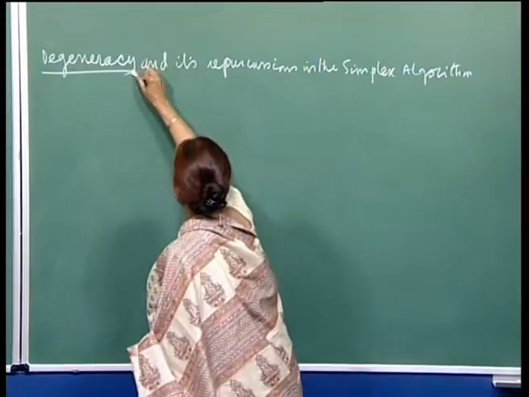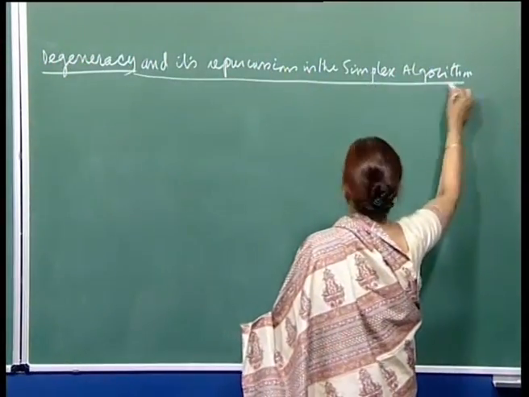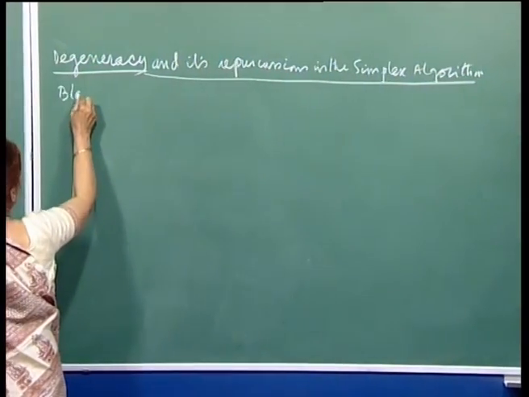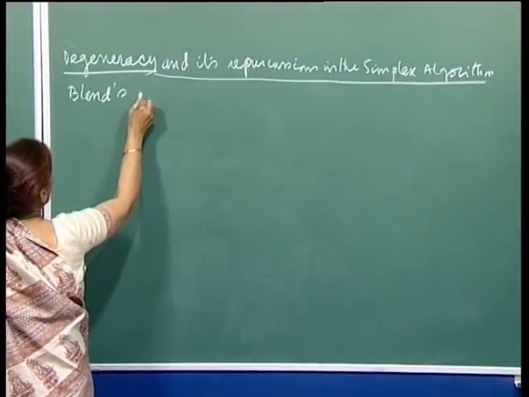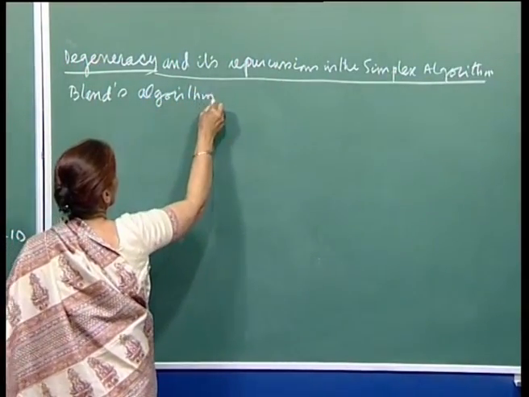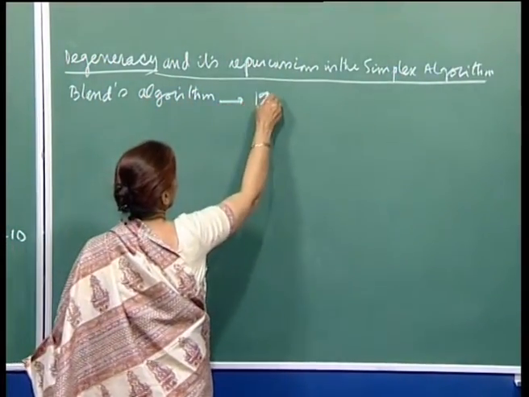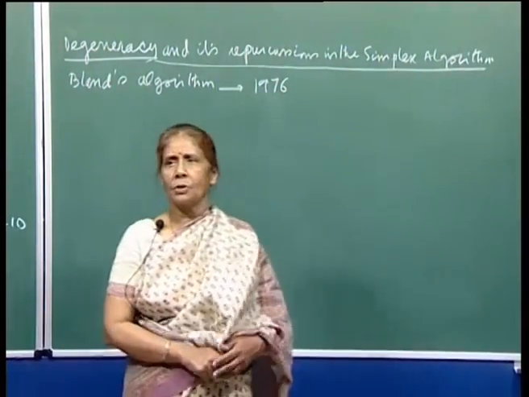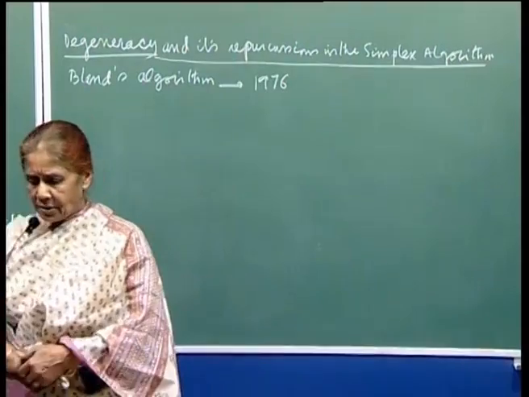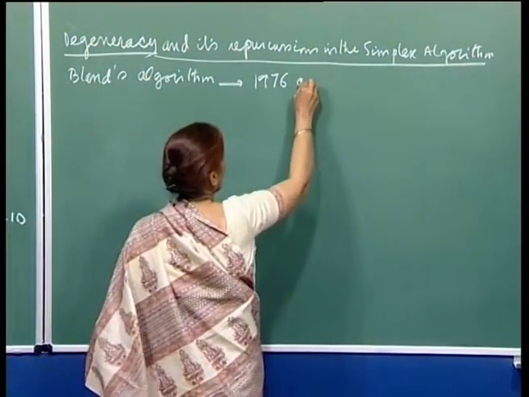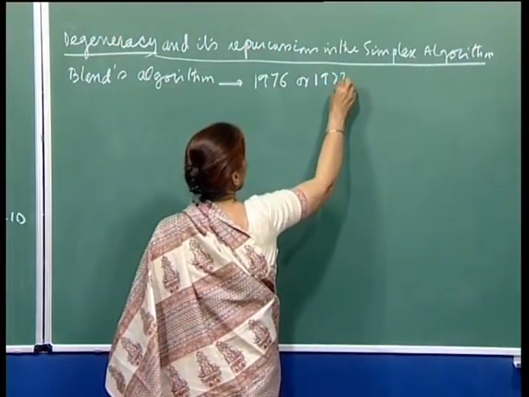Okay. So, I did talk to you first about Bland's method. And this I think came around, I must have given you the date exactly in my talk when I was talking about Bland's algorithm, 1976 or 77, I am not very sure, but anyway, one can check that.